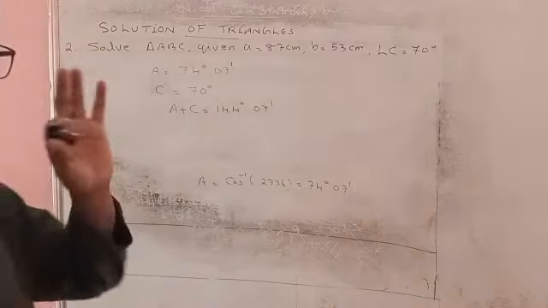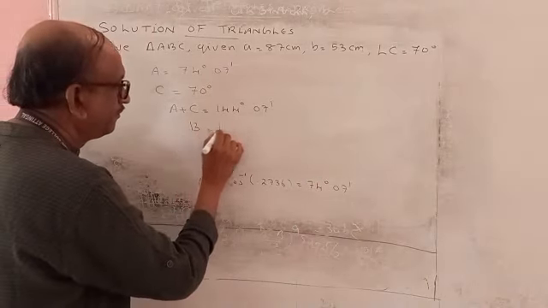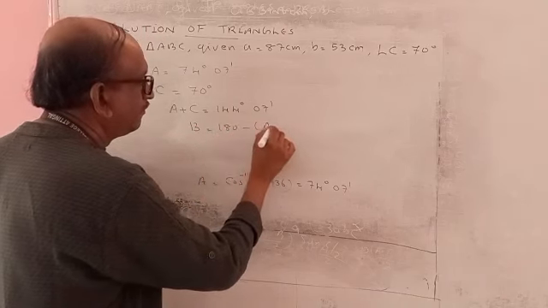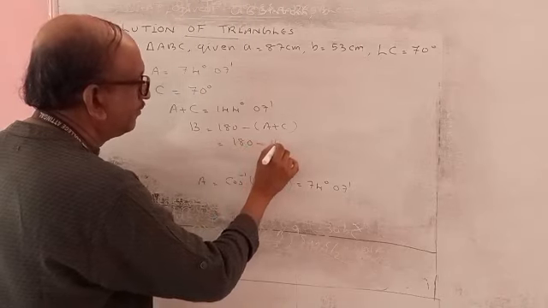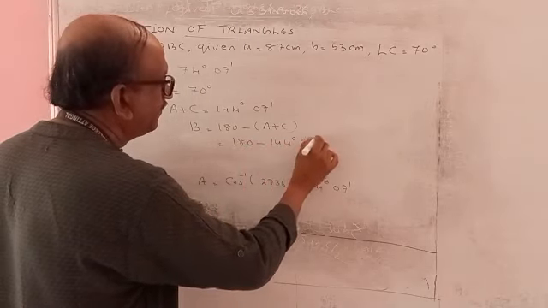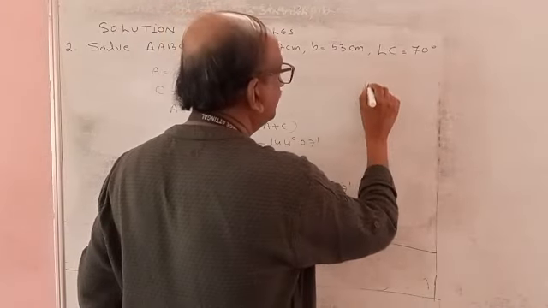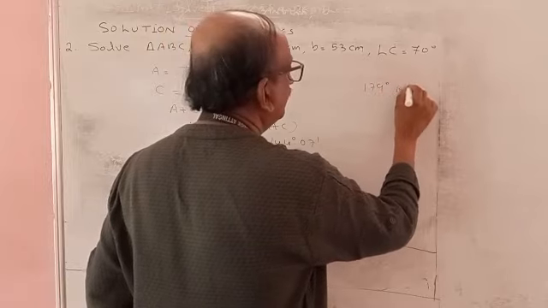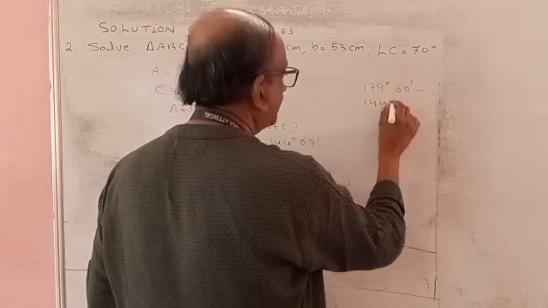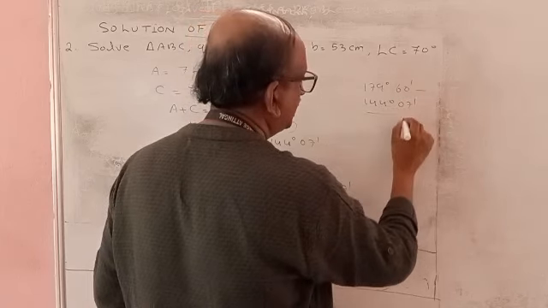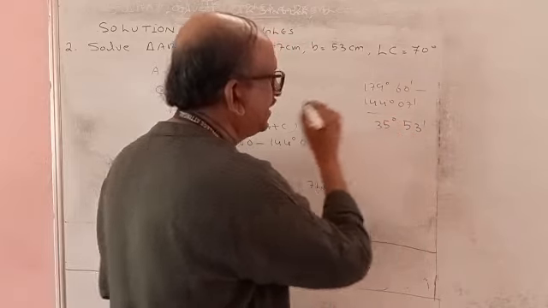Then angle B is 180 minus A plus C. 180 minus 144 degrees 7 minutes. 180 is the same as 179 degrees 60 minutes, minus 144 degrees 7 minutes, which is 35 degrees 53 minutes.